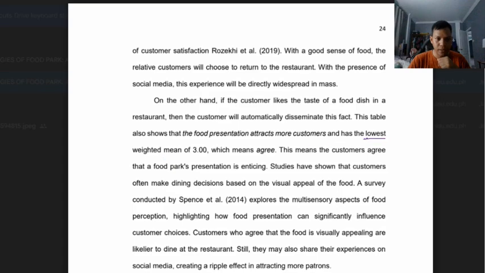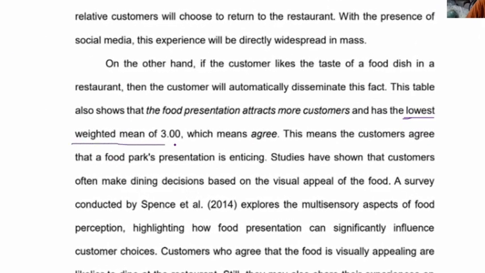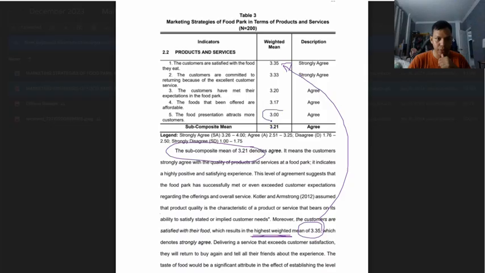You can see here, the lowest weighted mean of 3.00. So you can see we start the analysis and interpretation of the data with the subcomposite mean, next the highest weighted mean, and then the third one is the lowest weighted mean.